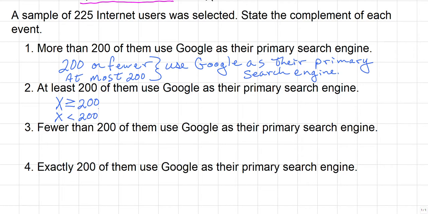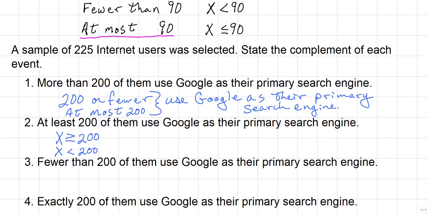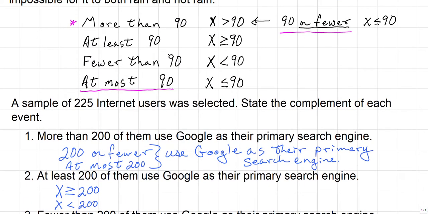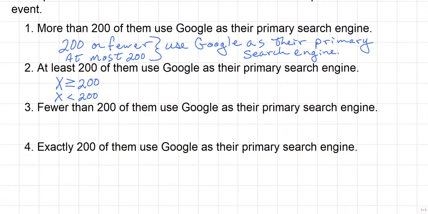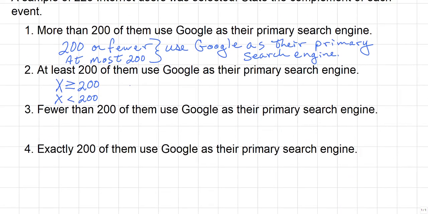So then we could say less than 200 of them use Google, or we could come up here and say fewer than 200 use Google. And I'm just going to go ahead and write an ellipsis here, meaning Google as their primary search engine.